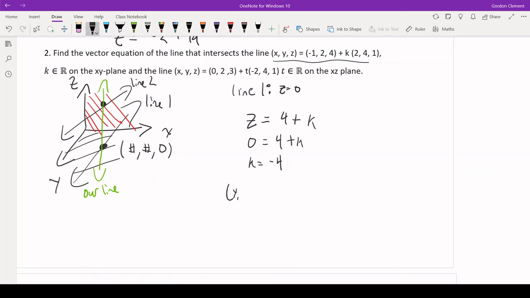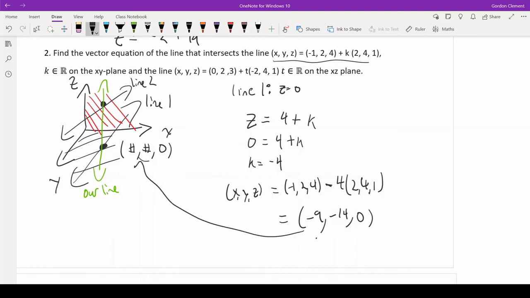And so the point on line 1 is going to be -1, 2, 4, -4 times 2, 4, 1. So just making k -4 and solving, I get -1 take away 8, so -9 for x. I get 2 take away 16, -14 for y. And then 4 take away 4, I do in fact get 0 for z. So there is our first point. So that's this point here in our picture.